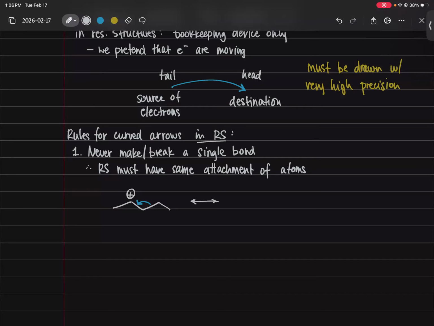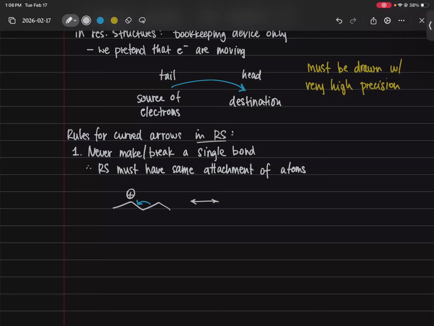Okay. One of the skills that you'll have to start learning and start practicing is how to interpret the results of a curved arrow. Okay, so curved arrows show the movement of electrons. So this is telling us that the electrons that are making up that carbon-carbon bond are moving over to this carbon-carbon bond.